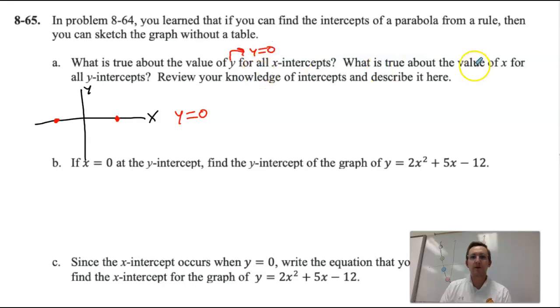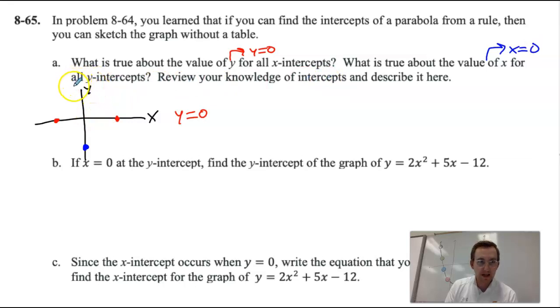So what is true about the value of x for all of our y-intercepts? Again, when we have a point on the y-axis, let's say if this is our point down here on our y-intercept, y is going to be negative something. But we've been talking about this with our equations of lines for quite some time now. Whenever we have a y-intercept, our x value, x is always equal to 0 when we have a point on the y-axis.